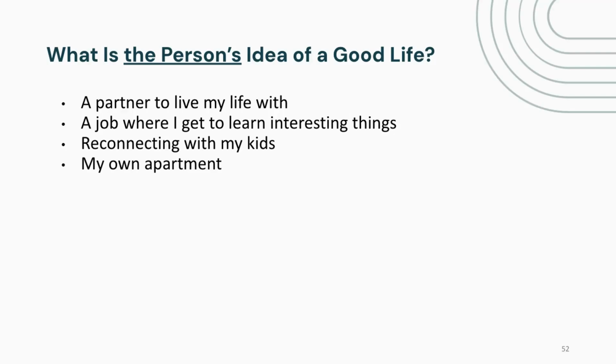That might be important, but it may not be quite as motivating or connecting to as something when thinking about getting their own place, reconnecting with loved ones, getting a job where they get to learn good stuff, having a partner. This topic and how we can bring the notion of high expectations into PCRP is discussed in the Plan Components Course 2.